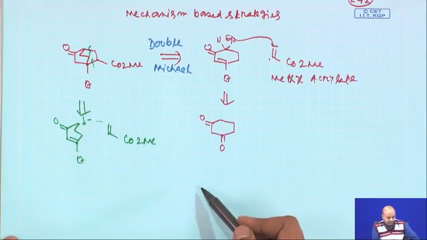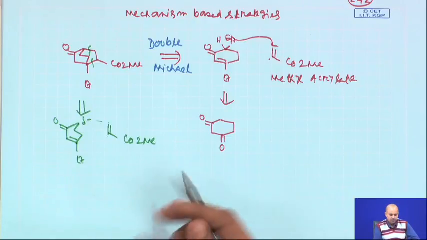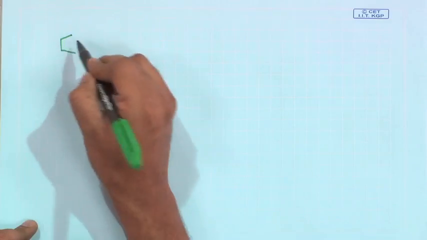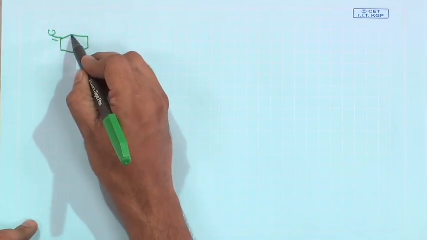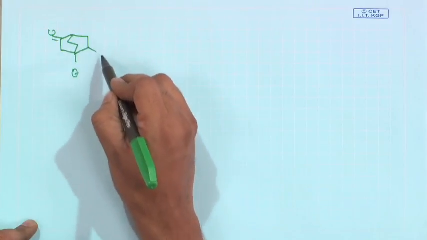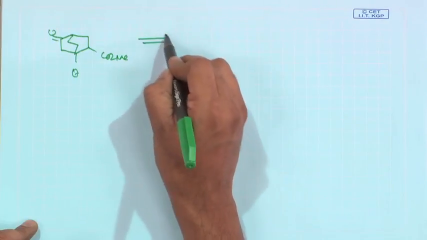to complete the synthesis. There is also another way through which you can visualize the entire synthesis. I will try to analyze whether this molecule can be disconnected in another way. The answer is yes, definitely you can do it. Now, see how we can do it.